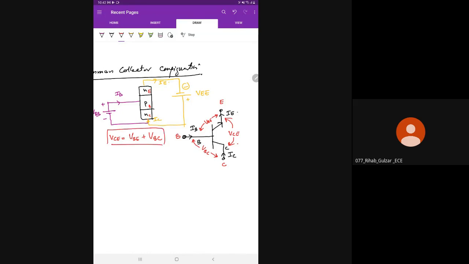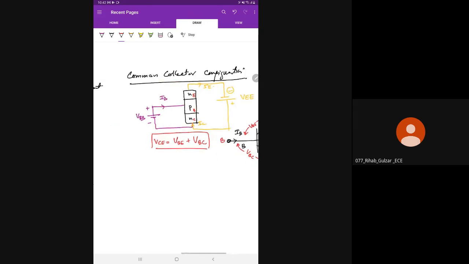So output characteristics, if we see here in common collector configuration, first of all, अगर हम इसकी output characteristics देखेंगे, they are basically between output current versus output voltage.